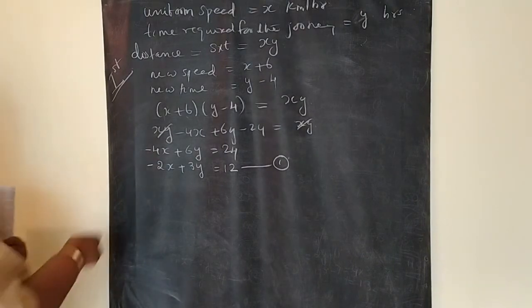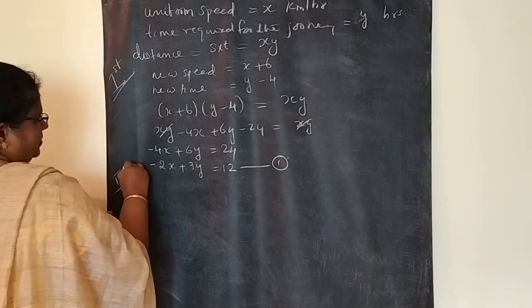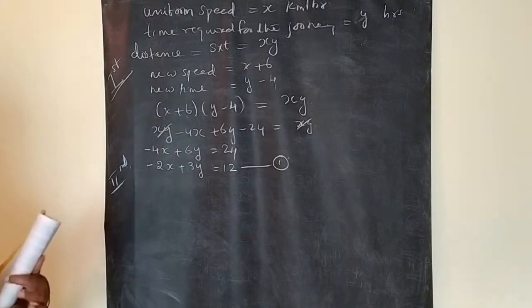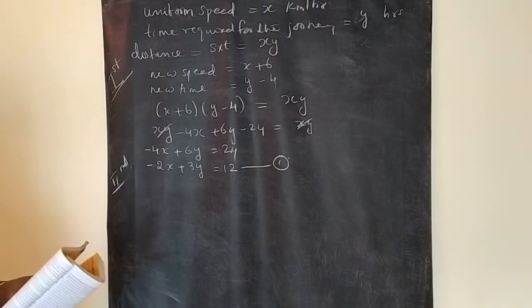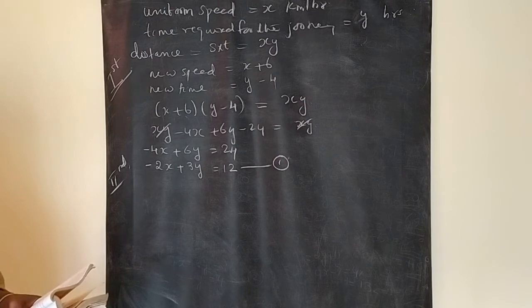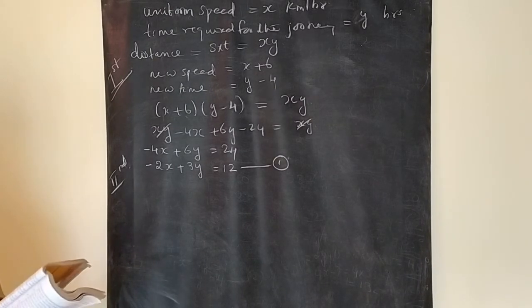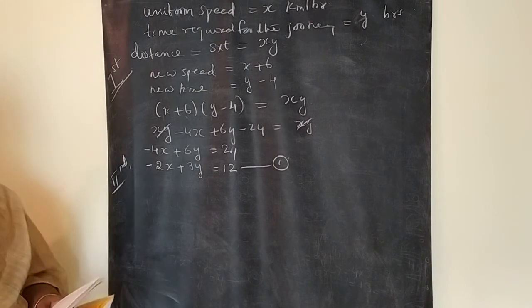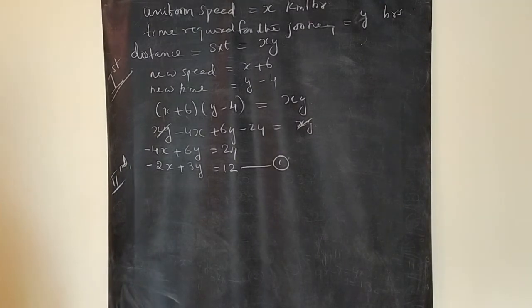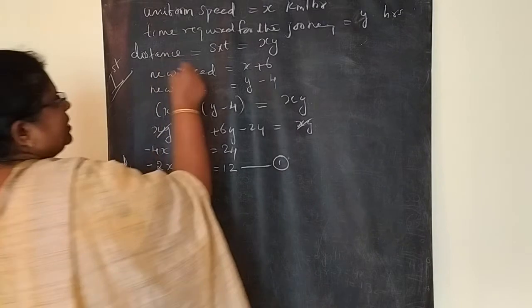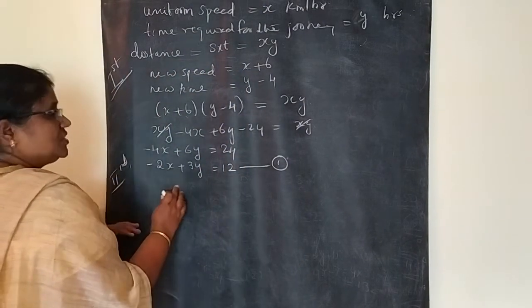Okay. Now what is the second case you see? The second condition is, if the train is slower by 6 km per hour, it would have taken 6 hours more. Speed decreases by 6 km per hour.